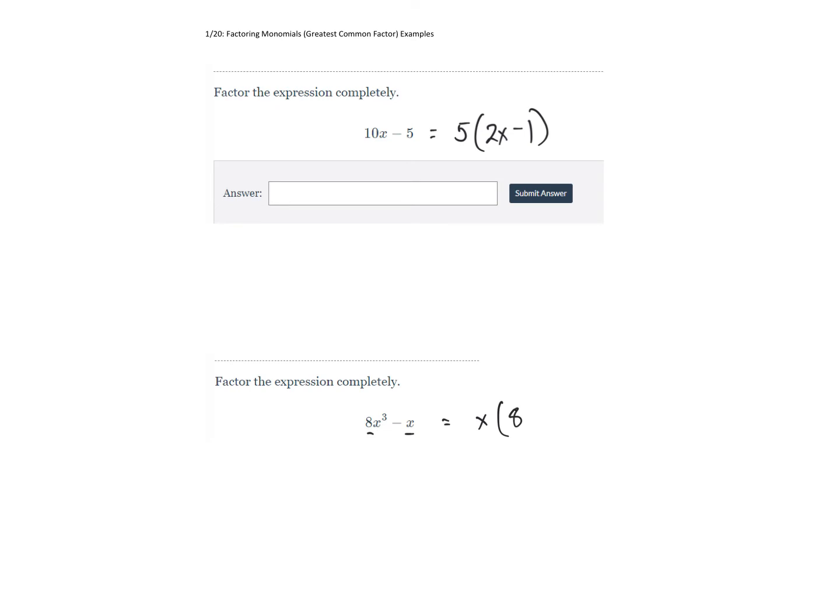Well, the 8 stays the same, x squared minus 1. Because if you divide x from x, you're left with 1. So another monomial. It's a one-piece thing. Notice it's not a number. There's simply no number we can pull out.